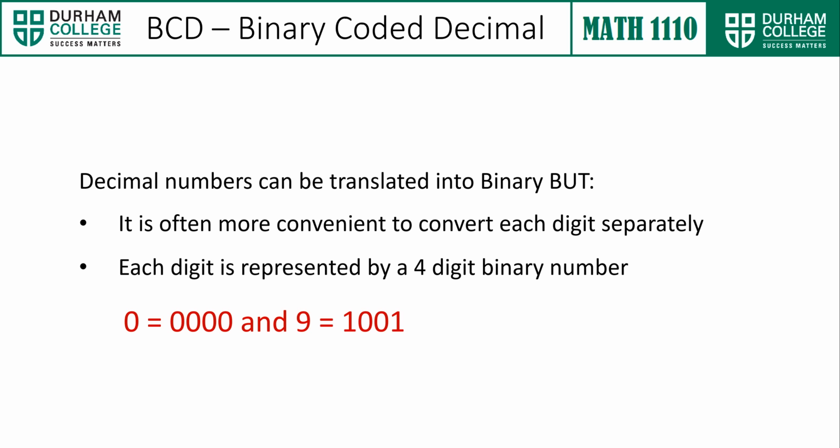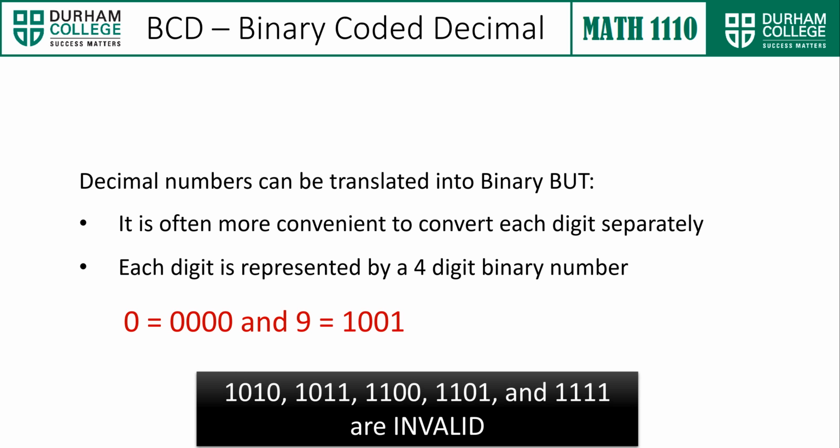And for that reason, the minimum number of bits that we need is 4. So in binary coded decimal, all we have is 4 bits, and anything that represents a number more than 9 in decimal is basically invalid in binary coded decimal.